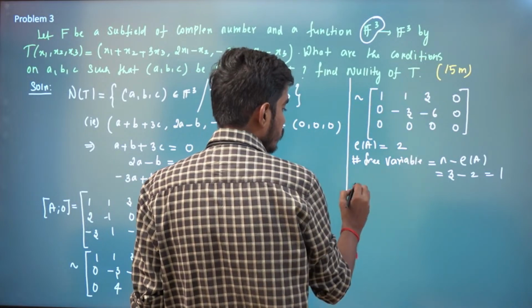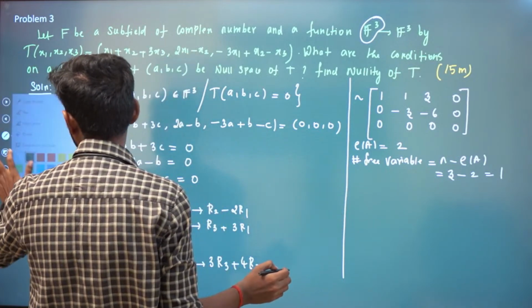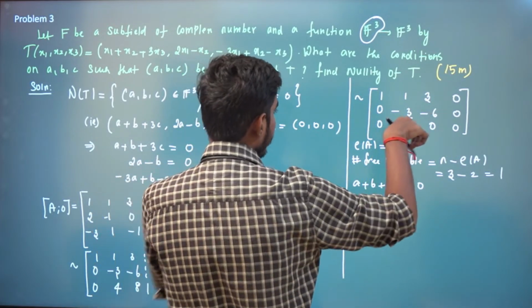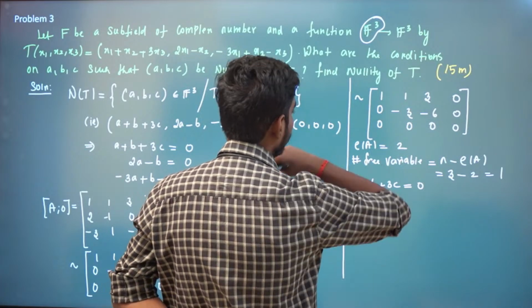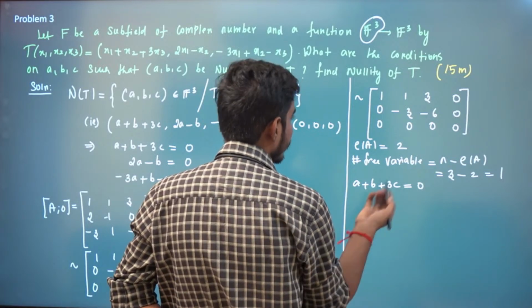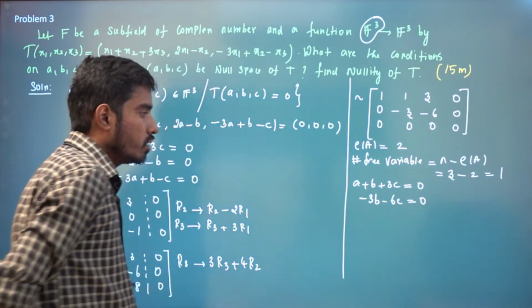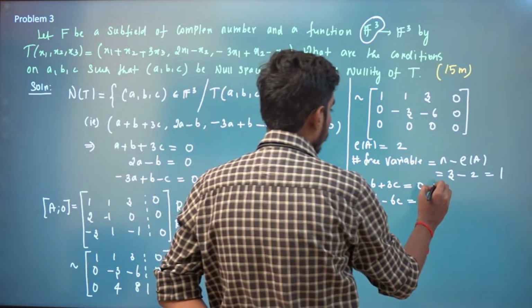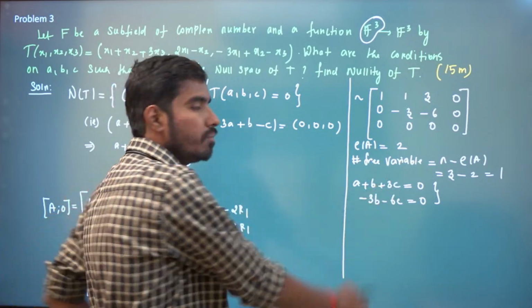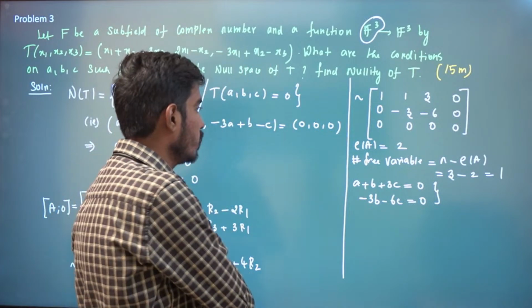If you transform this to equations again, we have a + b + 3c = 0 and -3b - 6c = 0, right? So these are the conditions on (a, b, c). If your (a, b, c) satisfies these two conditions, then it will be in the null space of T.